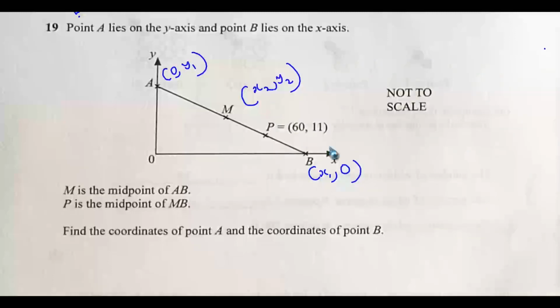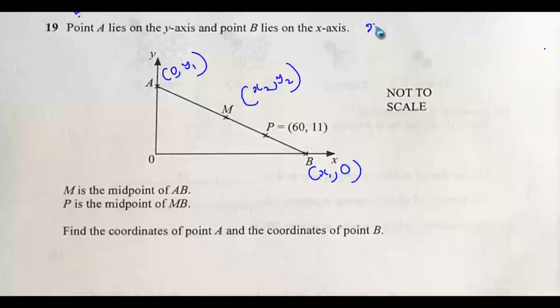If you remember very well, there is a formula for the midpoint of a line segment. Ordinarily, when you want to get the midpoint of a line, you just have to add the corresponding values of x and divide by 2, and the same thing goes for the y coordinate.